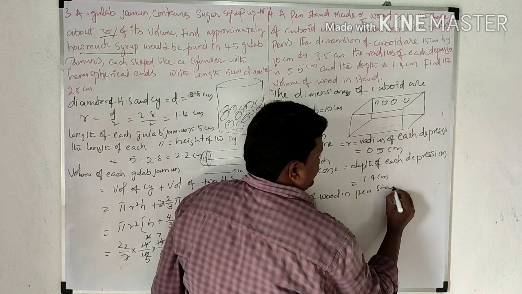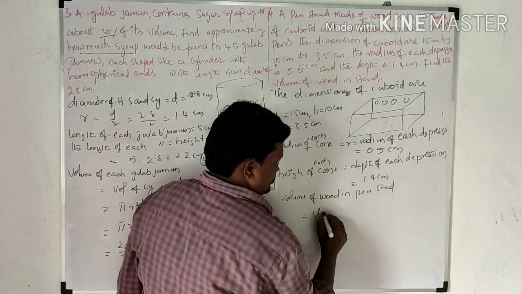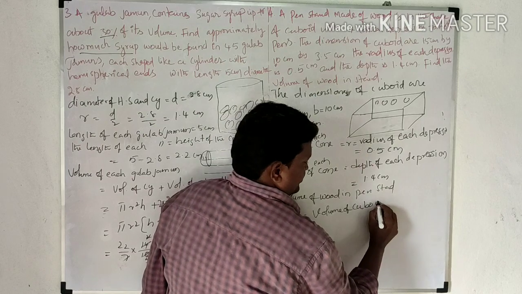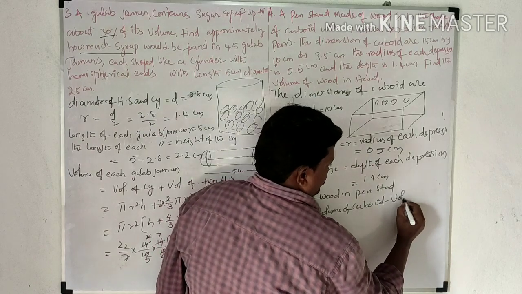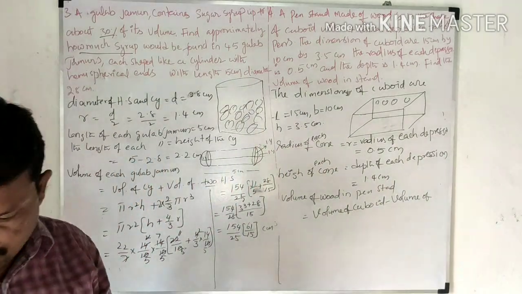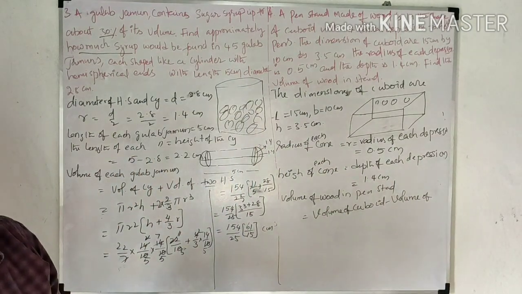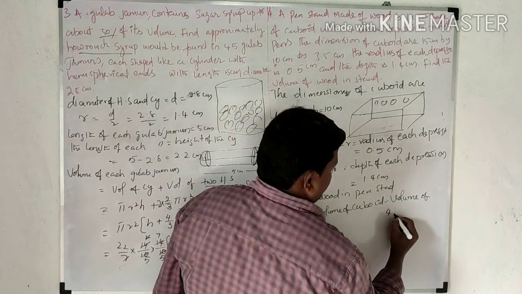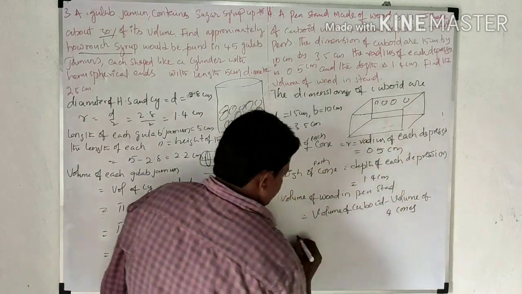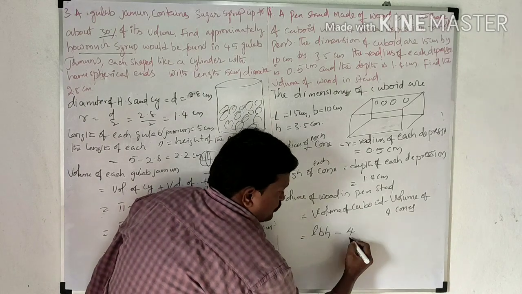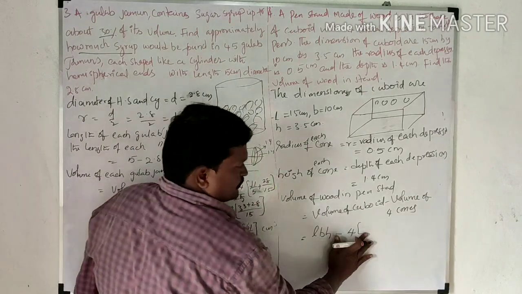How will we get it? That is equal to volume of cuboid minus volume of 4 cones. So volume of cuboid means length into breadth into height minus 4 into volume of cone.